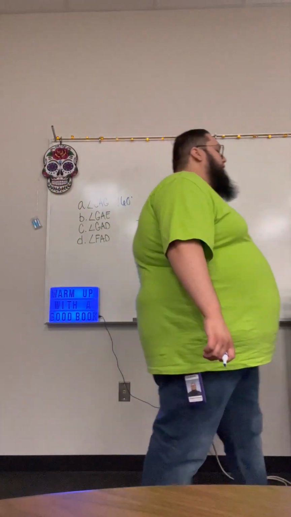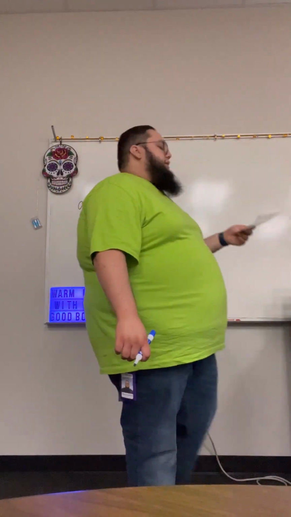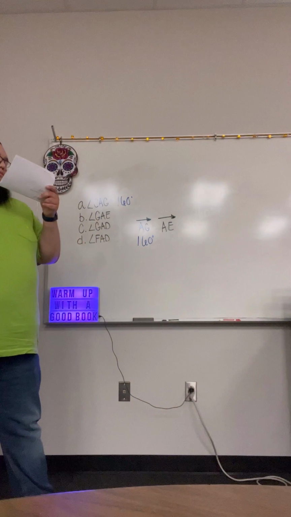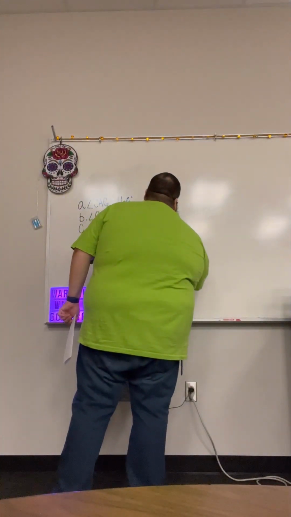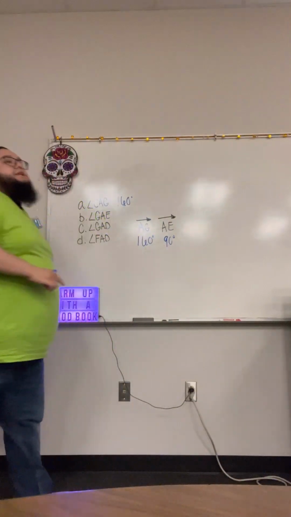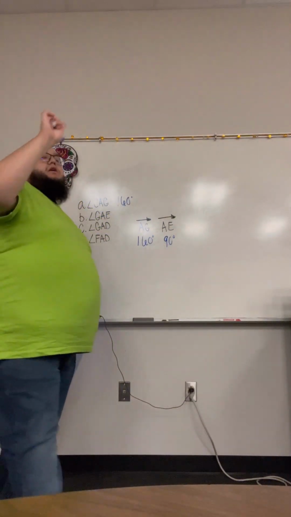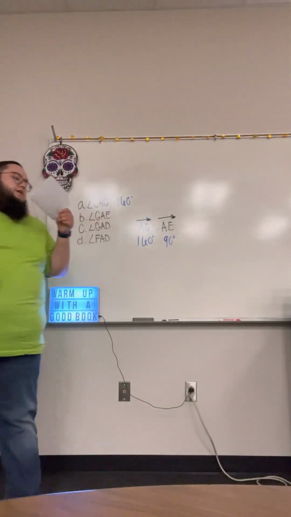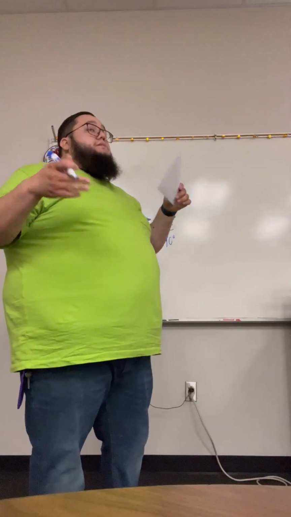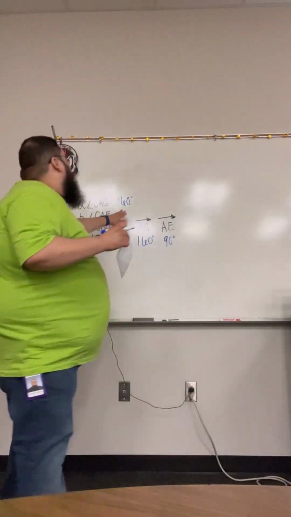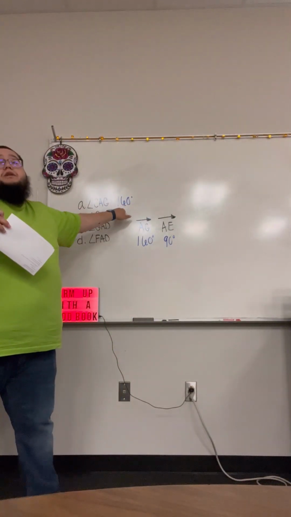Now, what about our angle AE? Can anyone tell me about angle AE? What does that one cross at? Angle AE crosses at 90 degrees, okay? So make sure you label these on your angles, right there by your protractor. Please label them. Thank you. Now we're going to subtract them like we did the first one, when we got CAG equals 160 degrees.